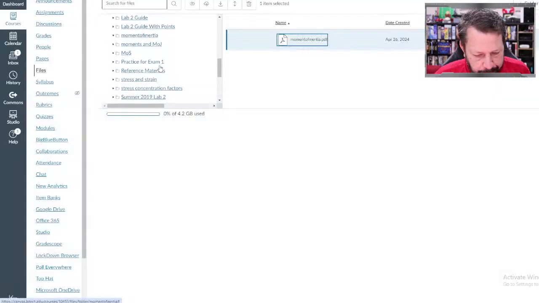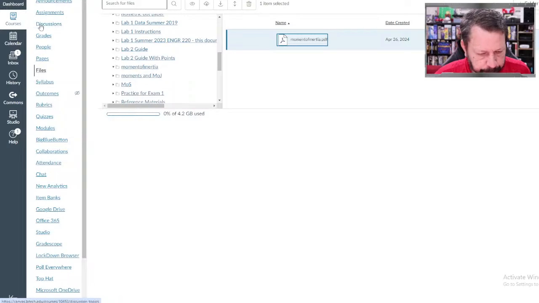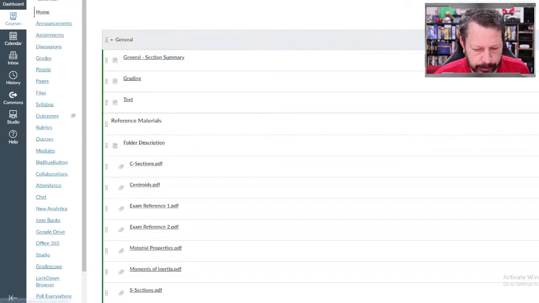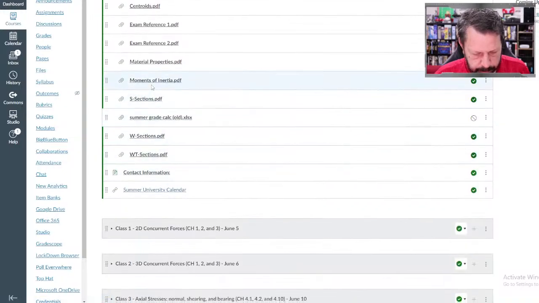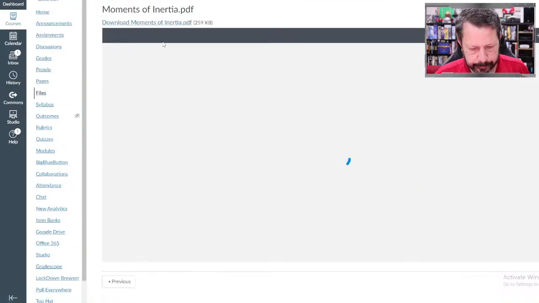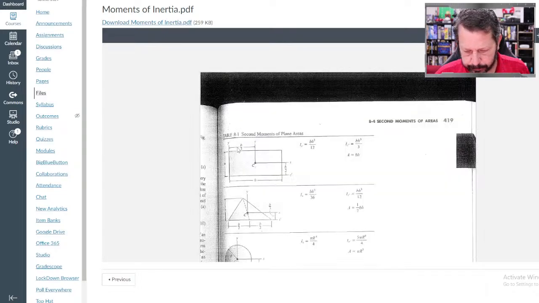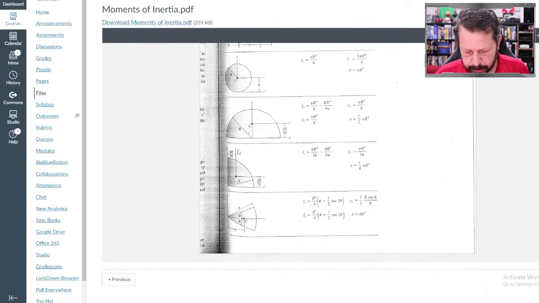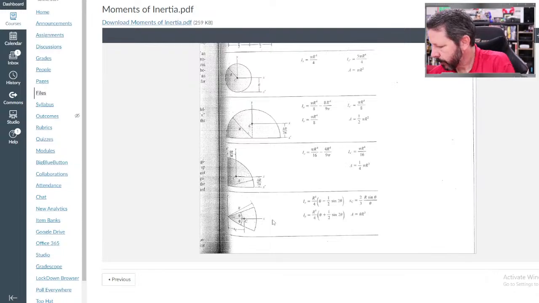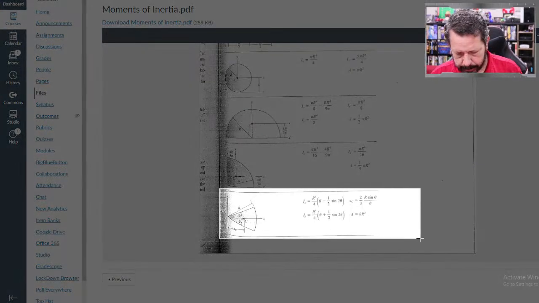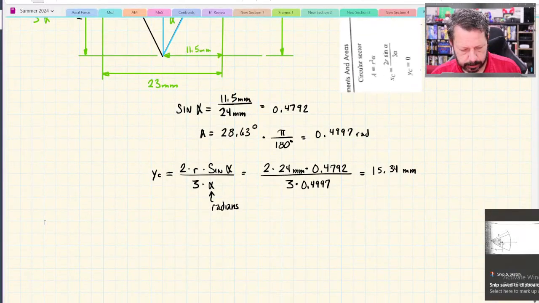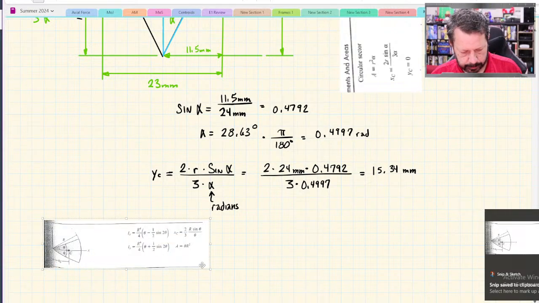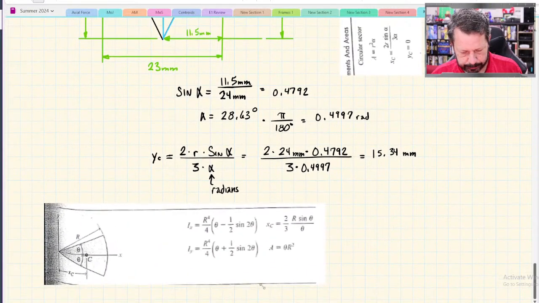Let's see. Where is our actual... There they are. Okay. There it is. All right. So, it looks pretty complicated, but let's grab this one. Maybe enlarge it a little bit.